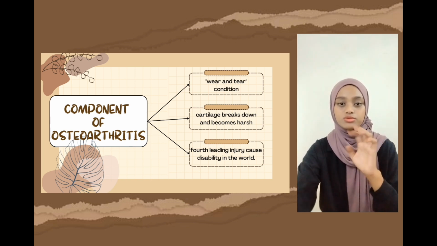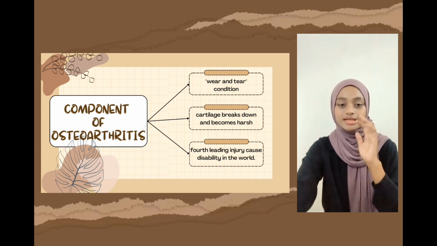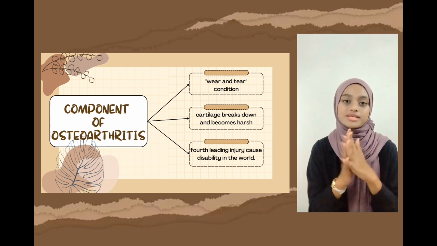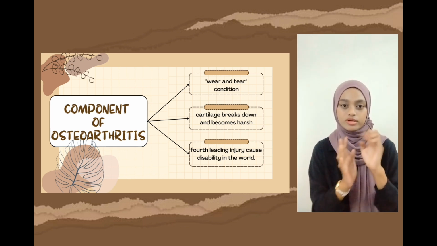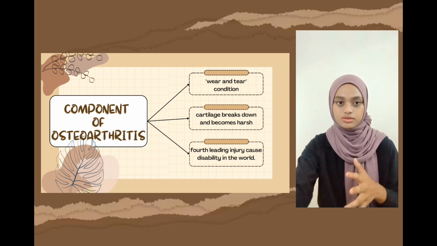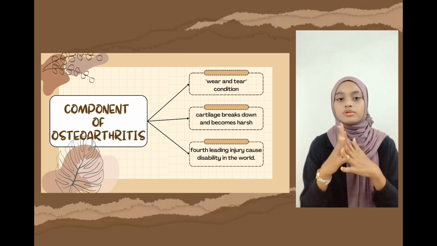For example, when you're doing the hand movement like this, articular cartilage also plays its role in our movement. When the cartilage is gone, the bones rub together, so there is no tissue, and it will cause you pain.